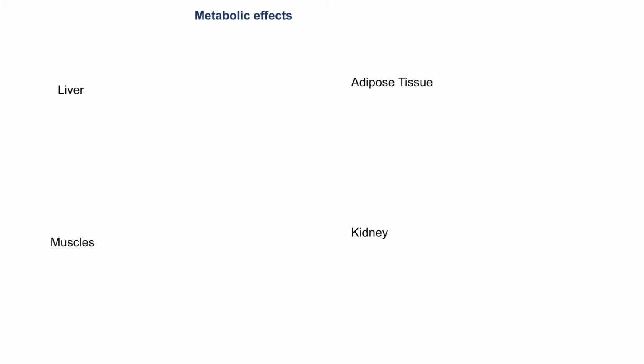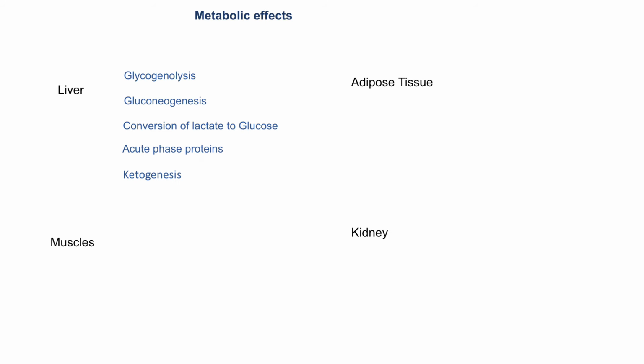Now let's discuss different metabolic changes that occur in different organs and tissues during metabolic response to stress. Liver is main site of gluconeogenesis, and main precursor for gluconeogenesis is amino acids derived from breakdown of proteins.